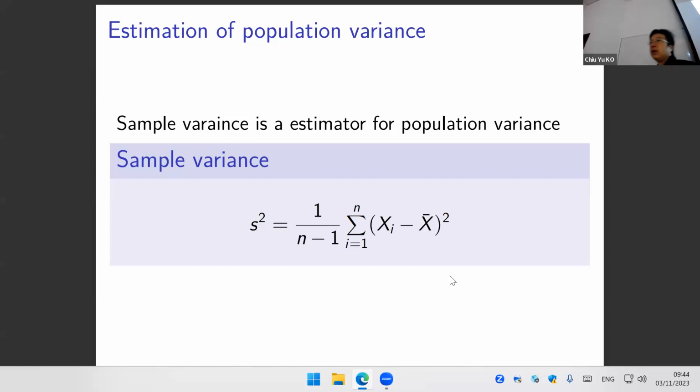If we have mu there, then we don't have a problem. We can just divide by n. But because we need to figure out what x bar is, there's a problem. For this claim, you can check the proof. If you know mu, instead of x bar, then you don't have an issue.